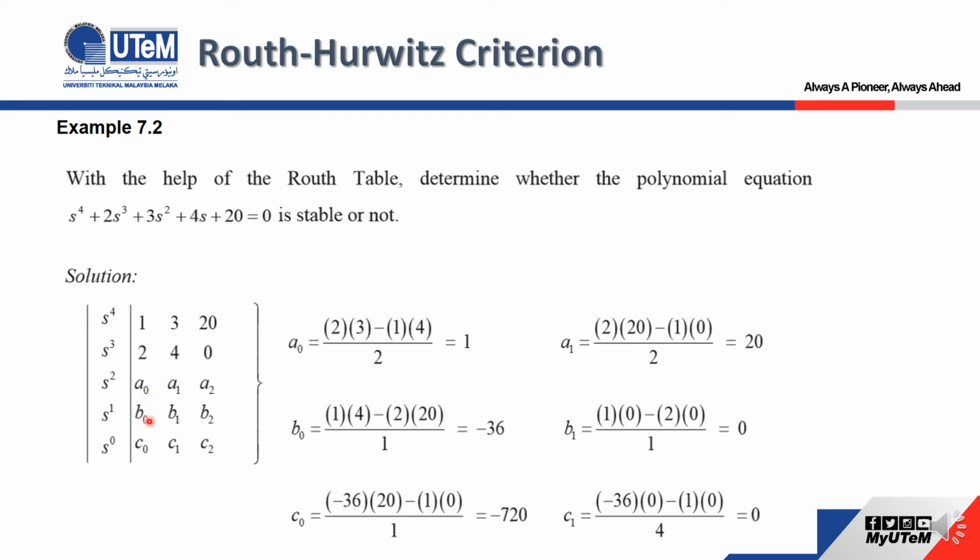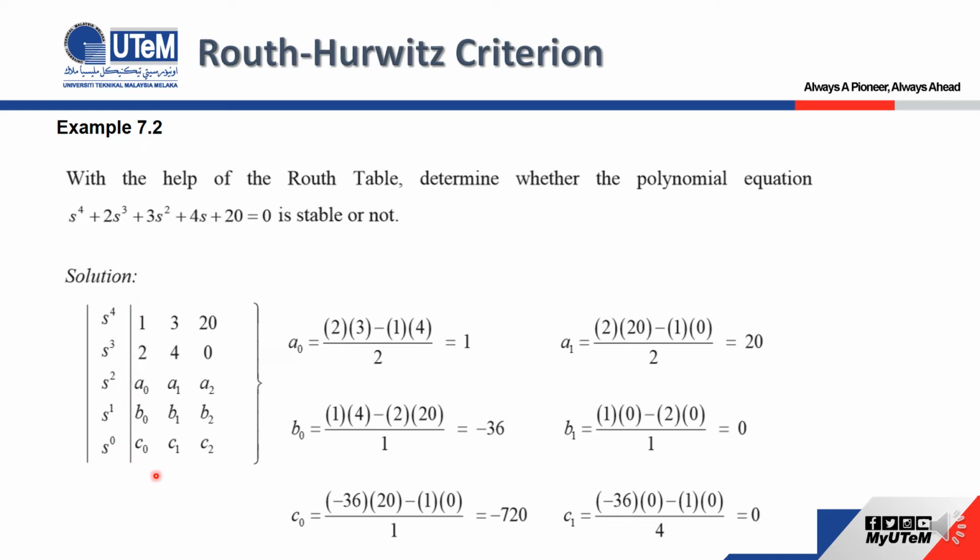From here to here, because this one is negative and this one is positive, there is 1 change. And from here to here, because both are negative, there is no change. So there is only 1 change in this first column.